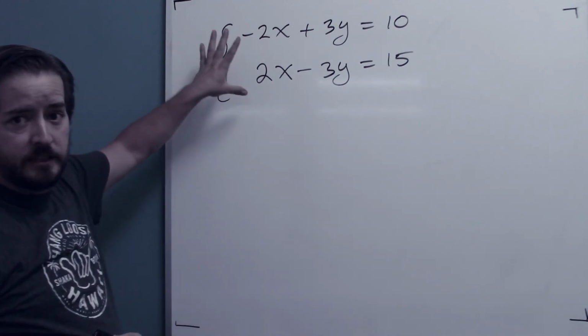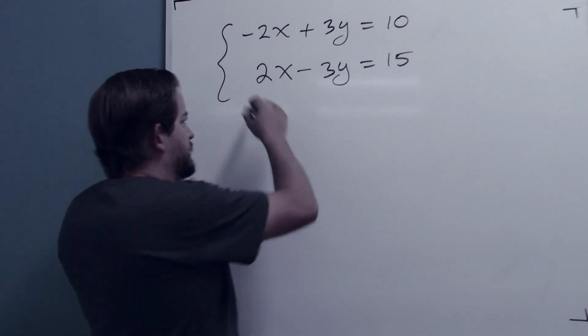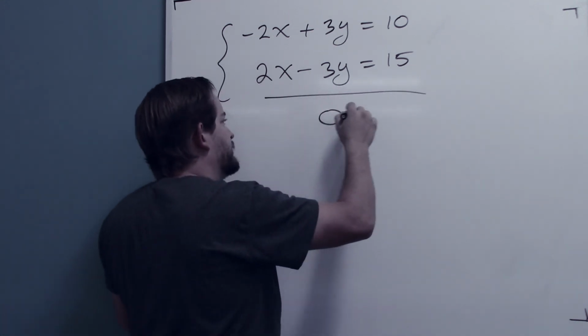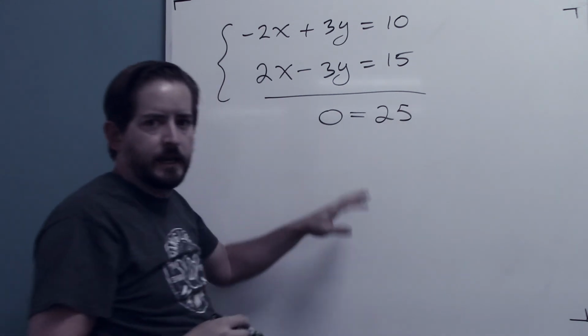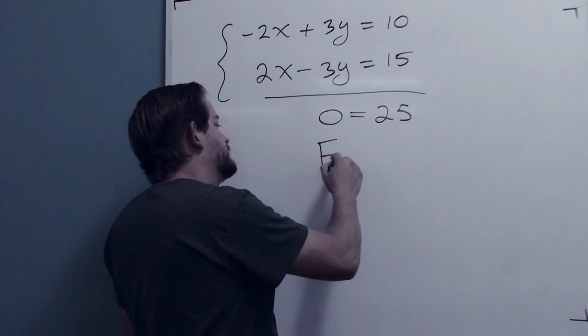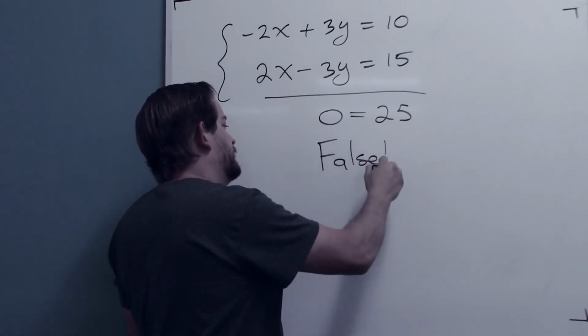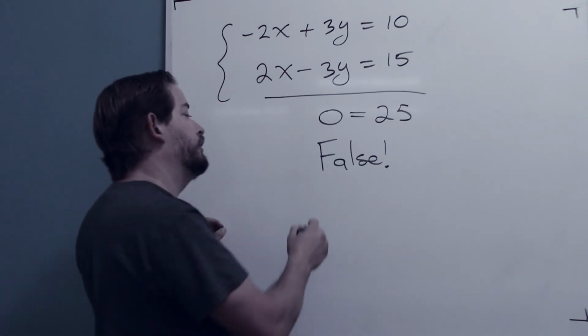If I combine these, they're already set up to eliminate, but my x's eliminate and my y's eliminate, and therefore I end up with a 0 on the left-hand side, but I end up with 25 on the right-hand side, and this is false. So if I end up with a false statement, these are parallel but not the same lines, and therefore there are no solutions.